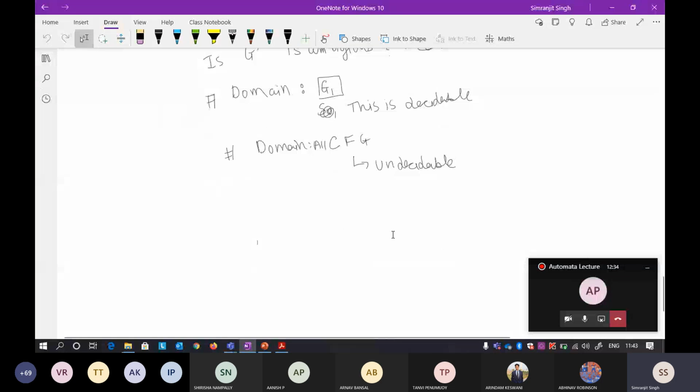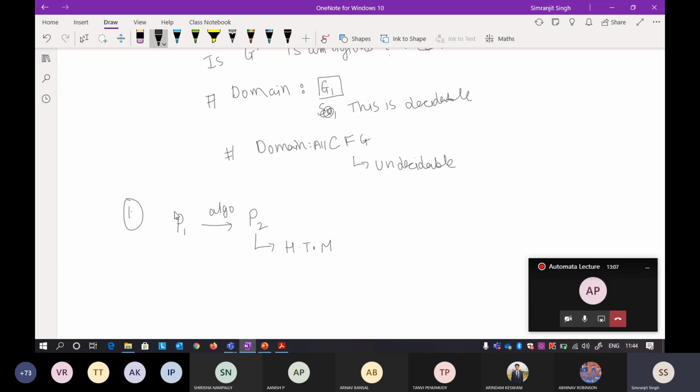And actually there are two important things that I also want to tell you: how to prove that a particular problem is undecidable. So the first step is, suppose this is a problem P1, and there exists an algorithm that can reduce this problem to another problem, that is your P2, and for this P2 a halting Turing machine can exist.